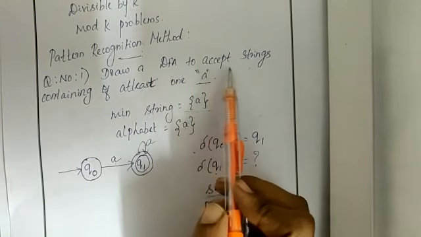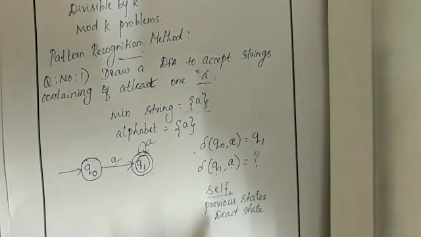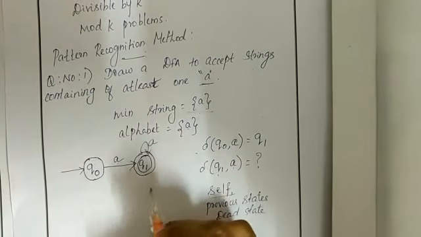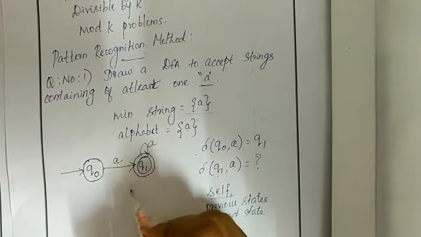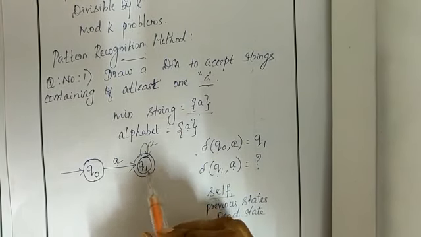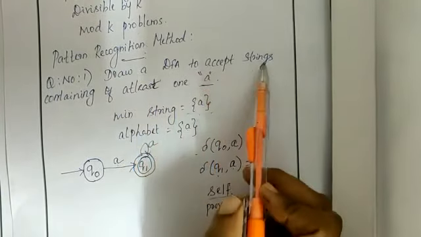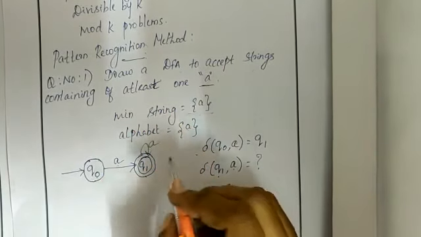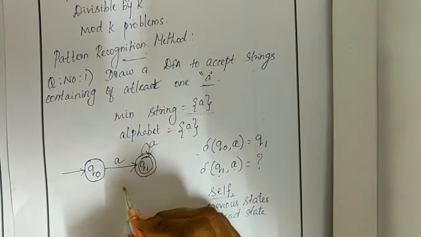Draw a DFA to accept strings containing at least one A. How do I check whether this marking is right or not? I'll read the question: draw a DFA to accept strings containing at least one A. So my string should have at least one A.